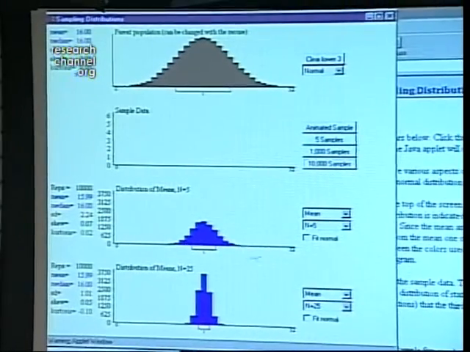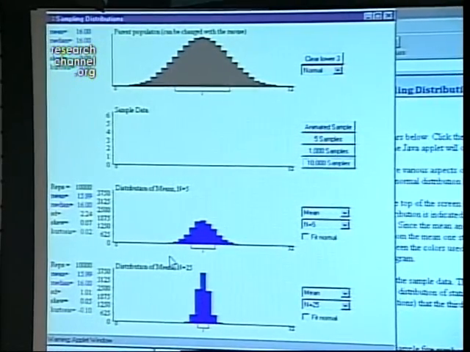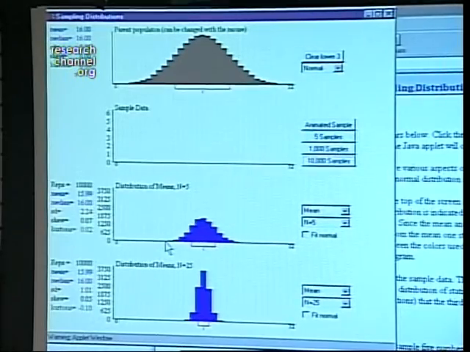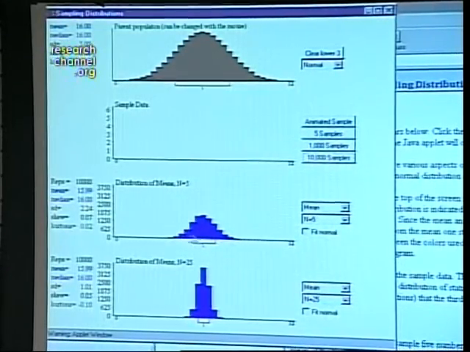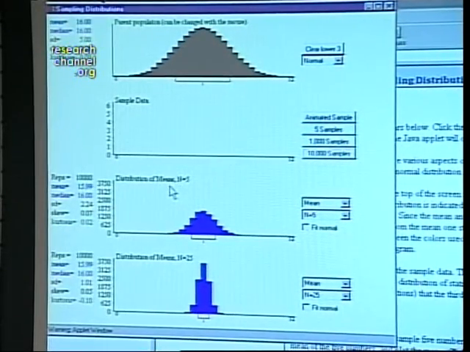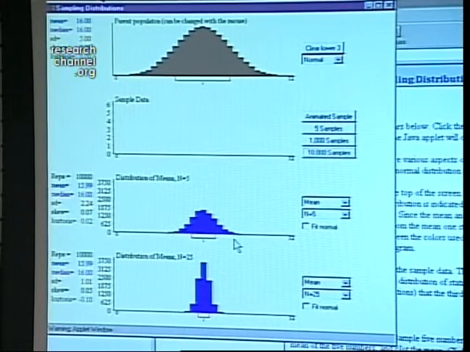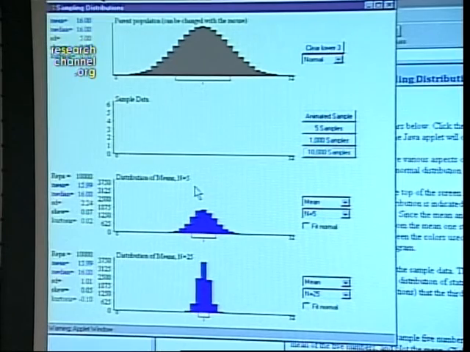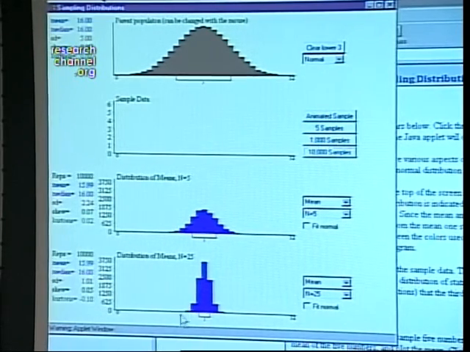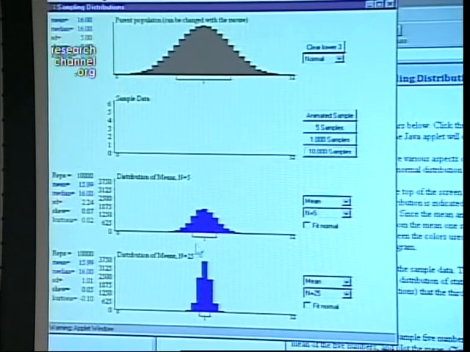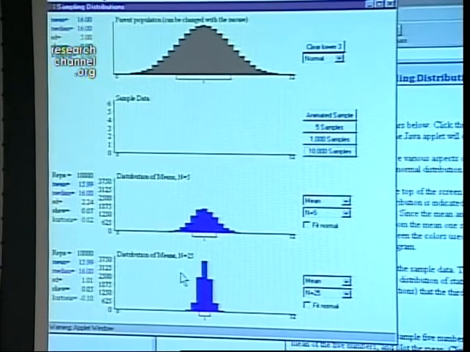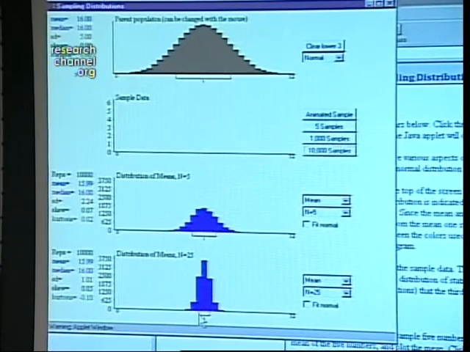And now what I have in blue in these bottom panels are actually what are known as the sampling distributions. So this is the distribution of the sample means. It's all the values of the sample means that we would get by taking 10,000 samples of size 5. These are the values of the sample means that we would get by taking 10,000 samples of size 25. What do you notice about the mean of the means?